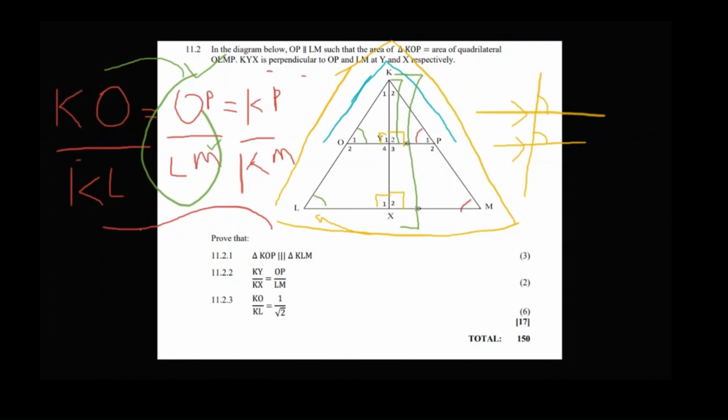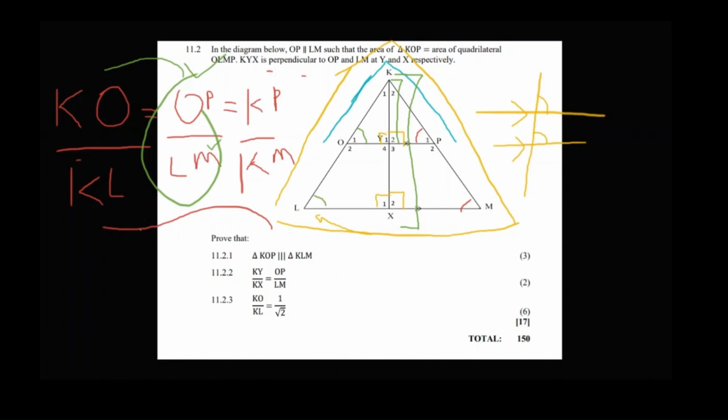So that's definitely going to work. So you first want to go back and see if we can identify the OP over LM that was a part of the ratio that we've already written, and then you want to see how we can connect OP over LM to KY over KX. Okay, so you first want to go back and identify where KY over KX is, and then try and see if the prop theorem is going to work to your advantage.